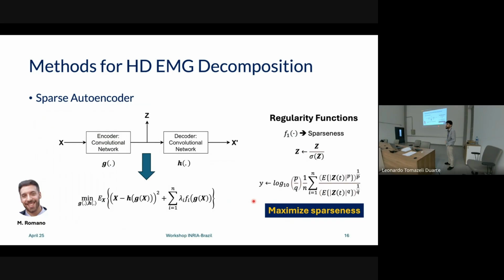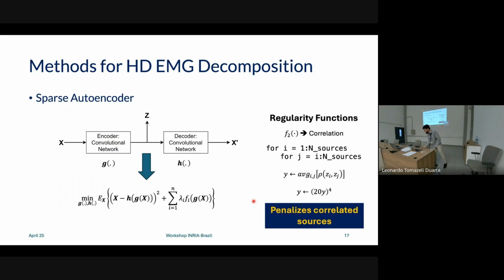We are trying to use sparse autoencoders to solve this problem of identifying these sparse sources from high-density EMG, and then we use, for example, some regularization functions to maximize this sparseness and analyze the correlation between different sources, because in this case we cannot detect the same motor unit twice.